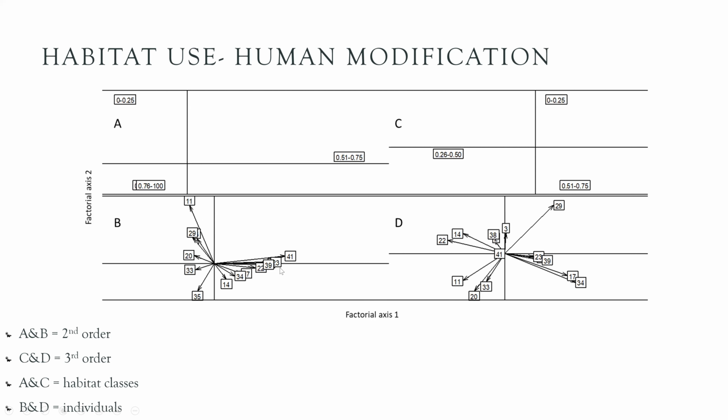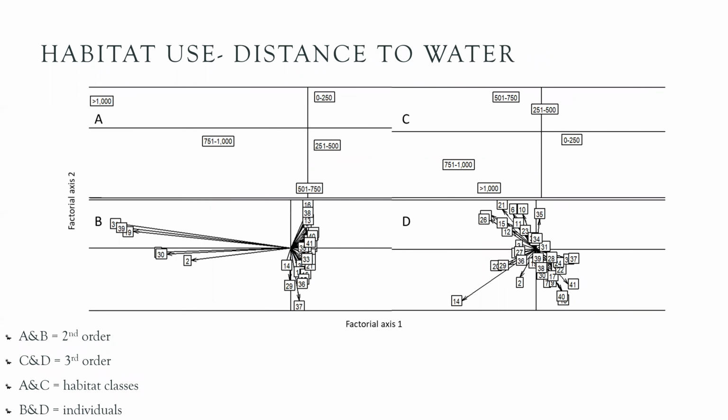We can see there are a lot fewer individuals here that had significant selection based off of human modification scores, but we did tend to see a lot more individuals selecting for these moderate levels of human modification versus super low levels of human modification. But again, some variation, and that variation is even more prevalent when we move over here to our third order selection, or that within home range selection.